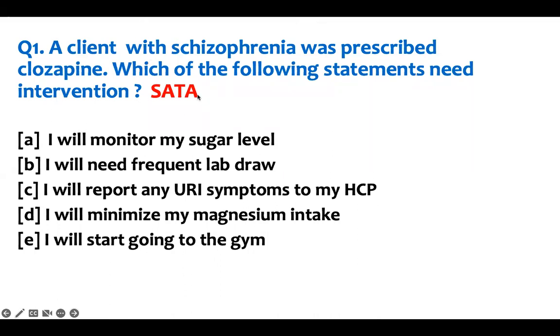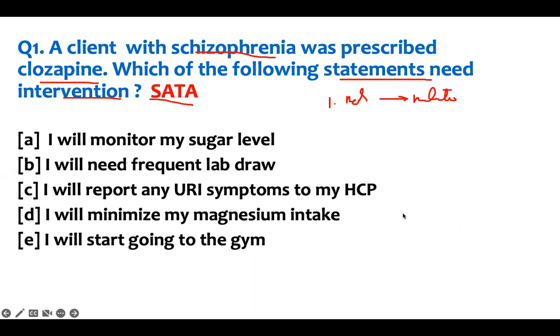The way we do it in the Adapt NCLEX way, we read the last portion, SATA question: which of the following statements need intervention? That means the patient is saying something that is wrong. A client with schizophrenia was prescribed Clozapine. The key for NCLEX pharmacology is, one, they give you the medication and then they give you the indication. And when you do that, you expect a SATA form.